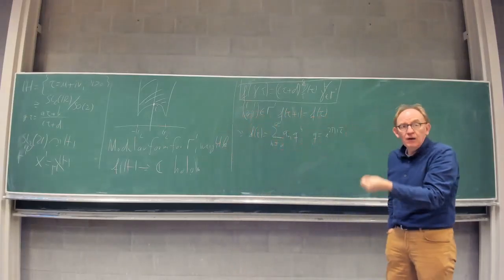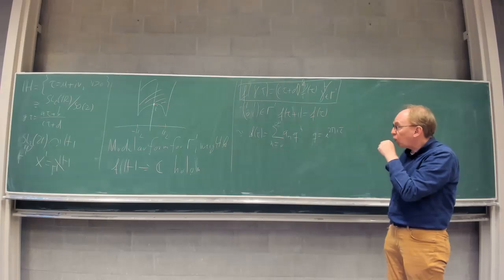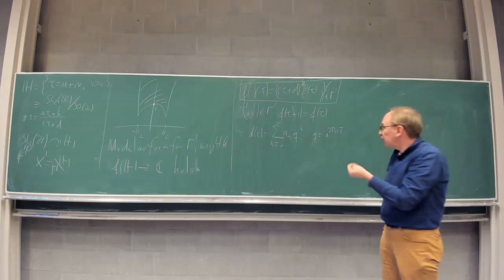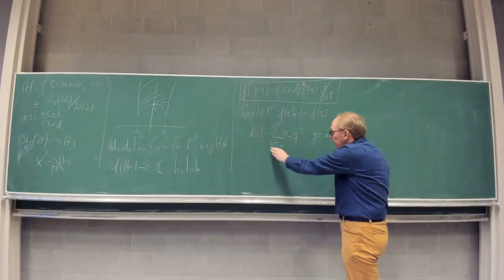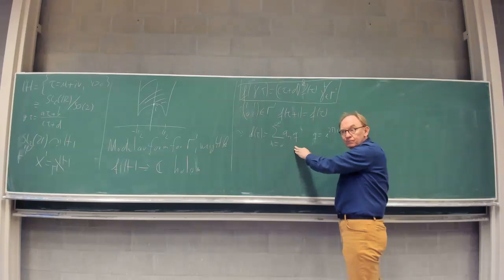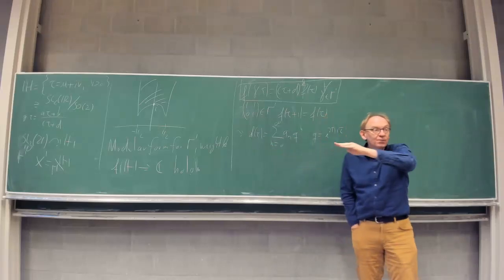That would be one reason, and that also persists for higher weight. And moreover, they occur in arithmetic. Whenever you have a generating series, your first reflex should be, is it a modular form?